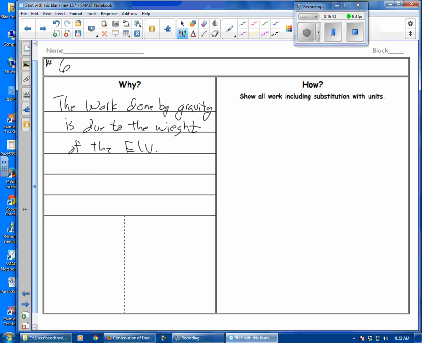Probably also we want to state that the elevator gains kinetic energy due to this work.